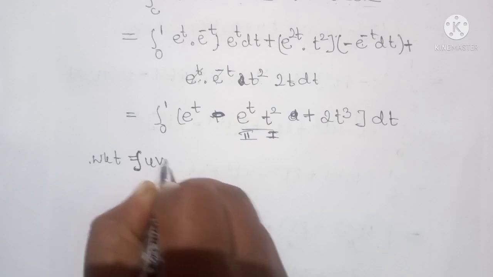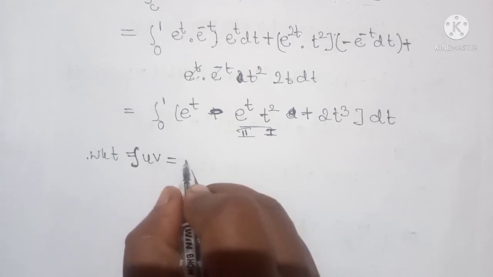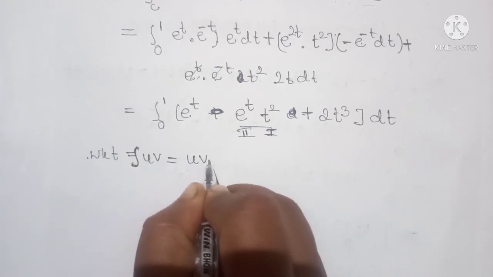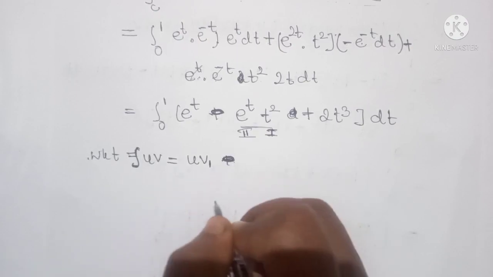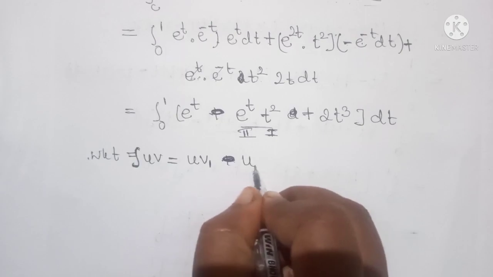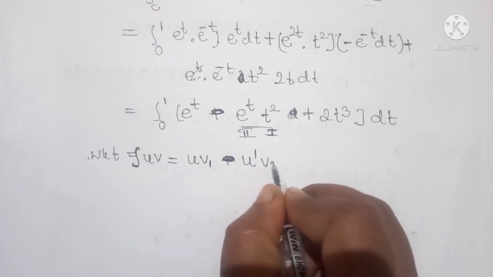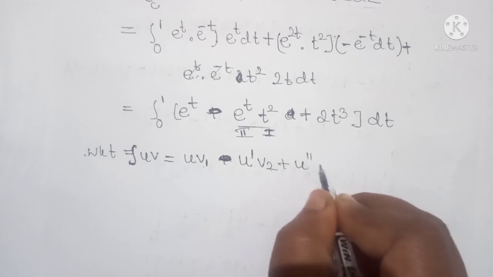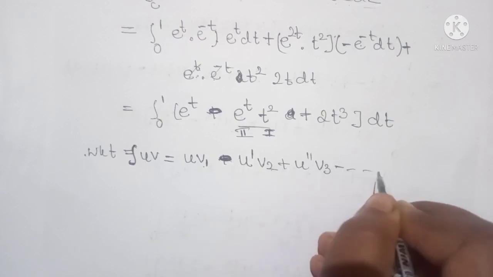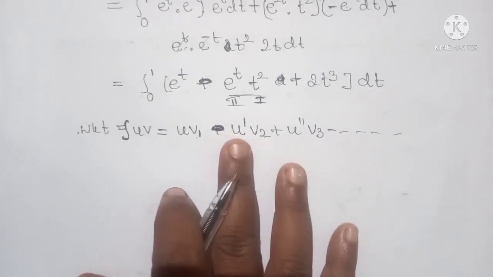Integration of uv equals u as it is times the integration of v, which is represented by v1, plus, alternatively we change the sign, now the differentiation of u, which is u dash, times the integration of v1, which is v2, plus again u double dash v3 and so on. We apply this formula here.